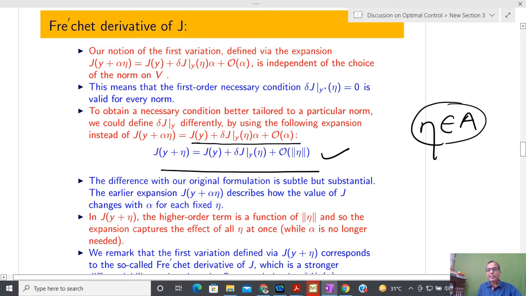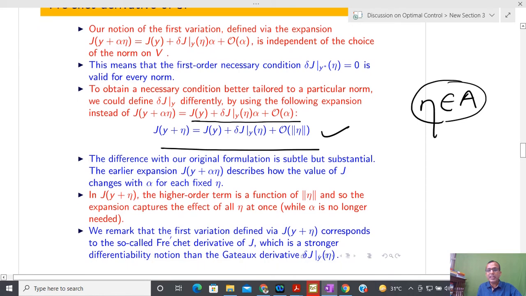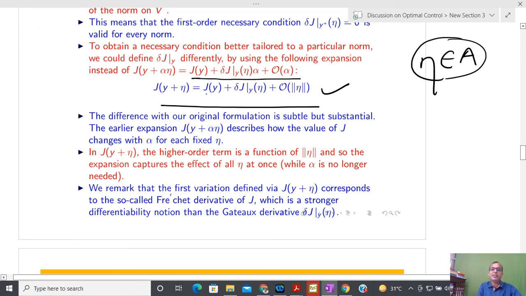Okay, and it is possible to show, with the help of the Frechet derivative, the difference. It just looks like a difference of notion, but that is not the case. It is possible to show that both derivatives are totally different. Why are both totally different? In that case, we are just varying alpha, and eta is fixed.